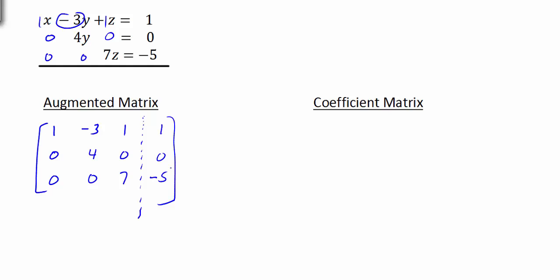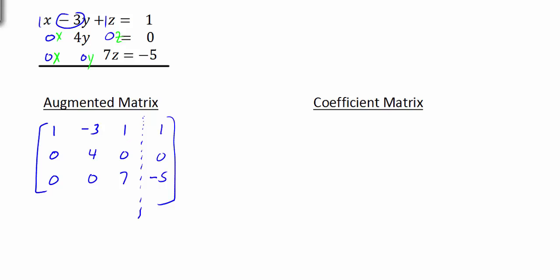Of course, you want to make sure that you have your variables lined up, where the x's represent your first column, then your y's are in the second, and then the z's, and then what it's equal to would be your constant terms here: 1, 0, negative 5. So that's how we can write this system of equations as an augmented matrix.